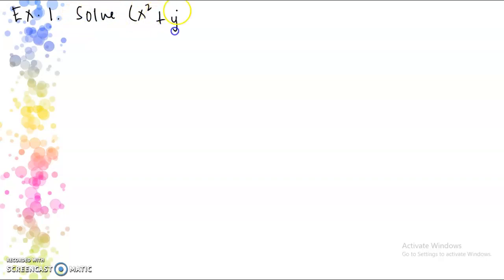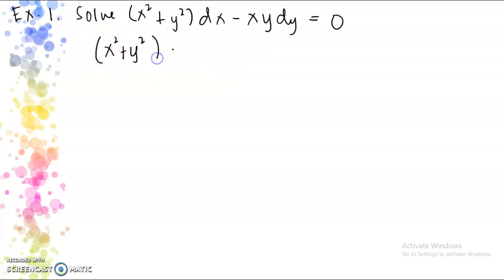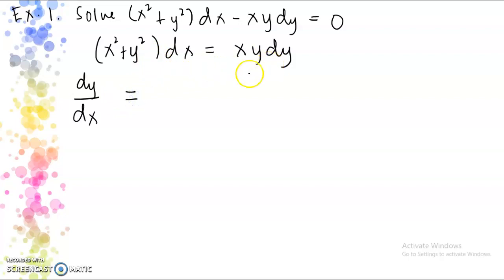Solve x squared plus y squared dx minus xy dy equal to 0. Therefore, x squared plus y squared dx equal to xy dy. Therefore, dy over dx equals x squared plus y squared over xy.